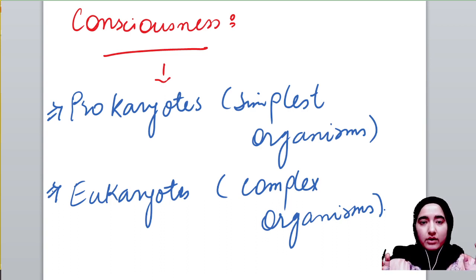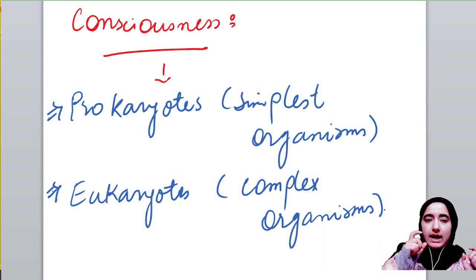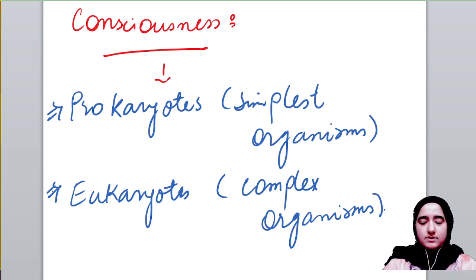They have that consciousness, be they the simplest organisms or the most complex organisms. What happens in them basically, they just know how to respond to stimuli from their environment.